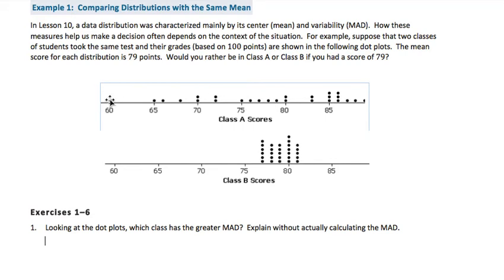So looking at our Class A scores, 60 is quite a bit further away from the mean than in the Class B scores, in which 77 has got to be much closer to the mean, which of course is 79.